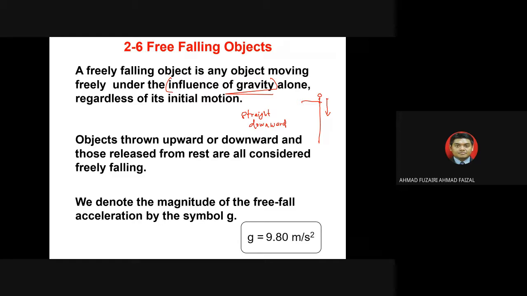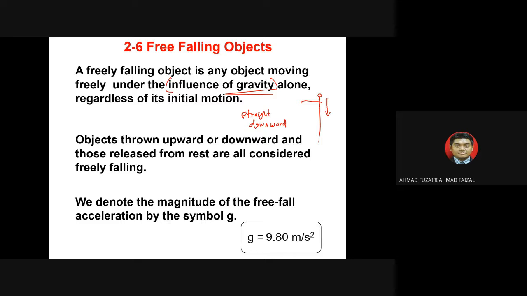Then gravity influences your motion. So the gravity will take place in all considerations of acceleration inside your motion.